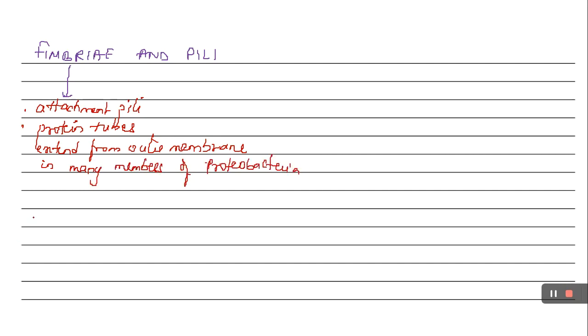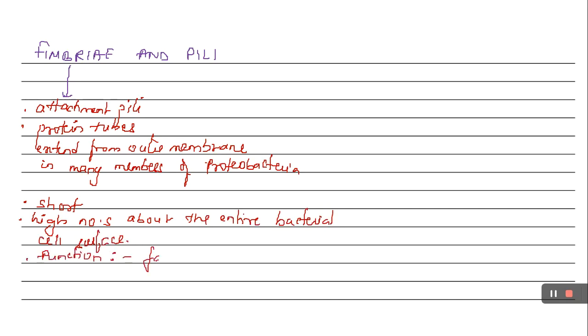These fimbriae are short in length and present in high numbers, coming out from all over the bacterial cell surface. And what is the role of the fimbriae?